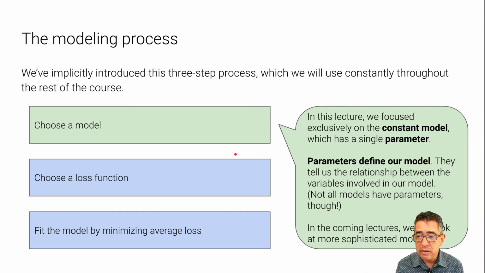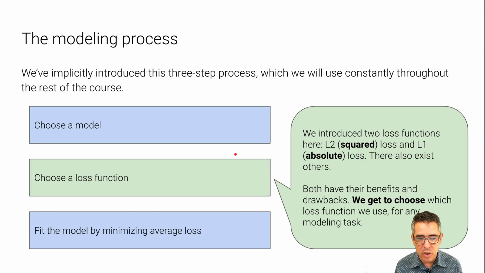But for models that do have parameters, let's say one like today, or the ones we will encounter in the next lectures that have more than one, we now have to ask, well, how do I find that value? And we do so by defining a function. So the model is the structure of what it is that we're going to compute about our data. The loss function says, how are we going to define what is a good value, right? We need to encode what we mean by good in the loss function.